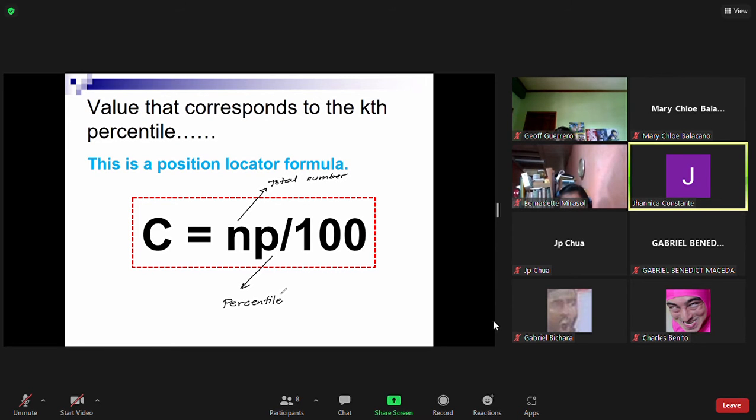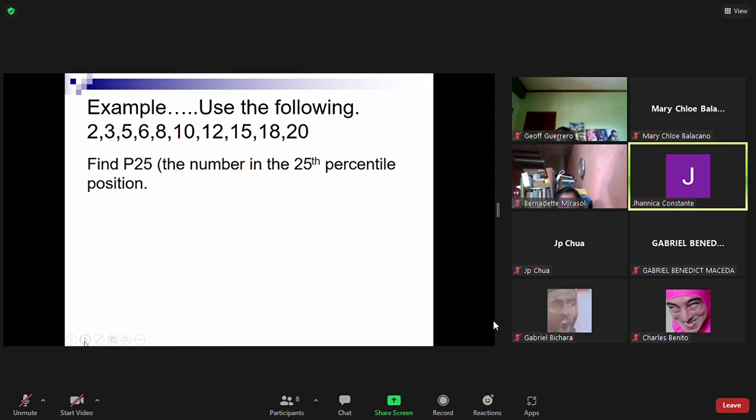For example, we have the set of data, and we're going to find the 25th percentile position in the set of data that we have.